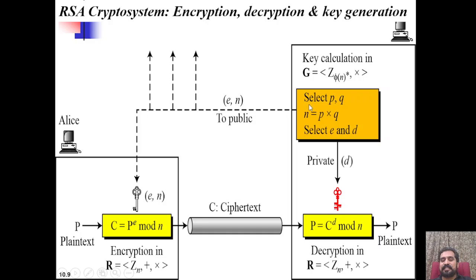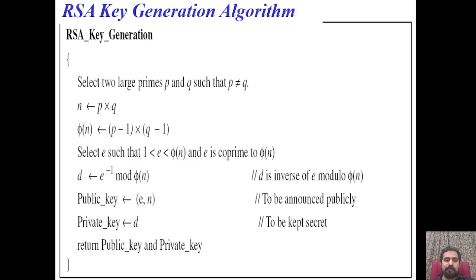The two key entities used for key generation are P and Q, and the product of P and Q is N. With an example, we will see how we can study the RSA algorithm in detail.